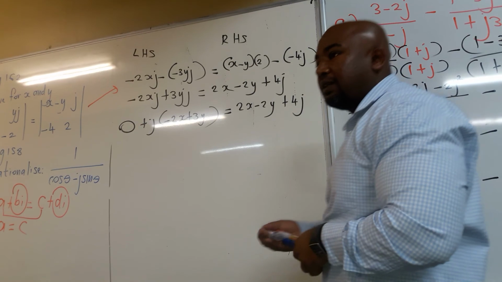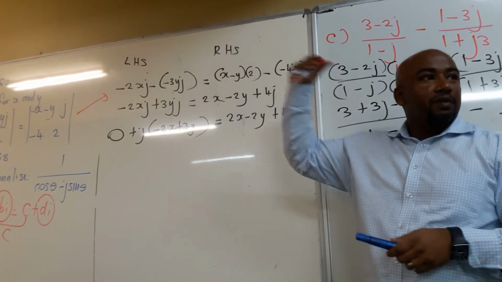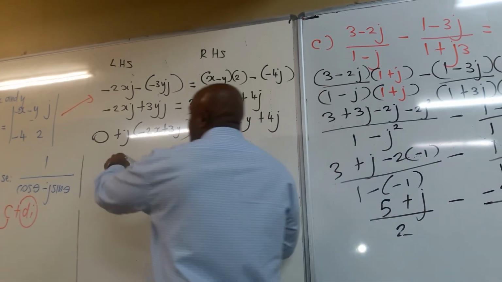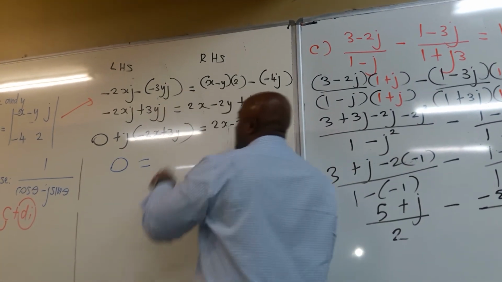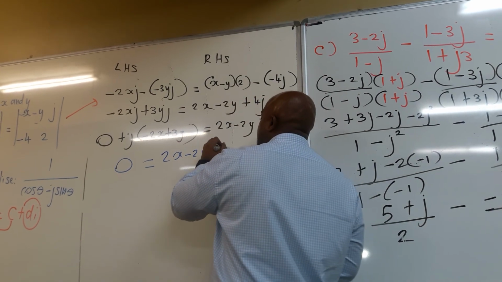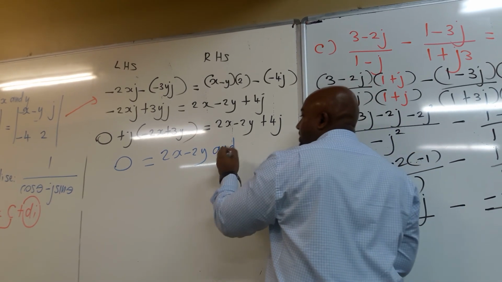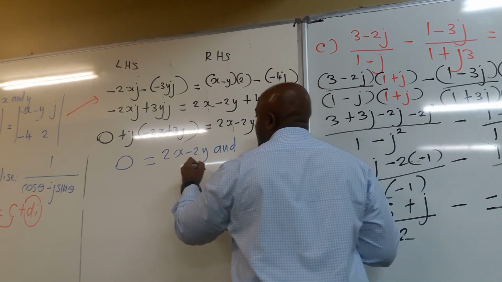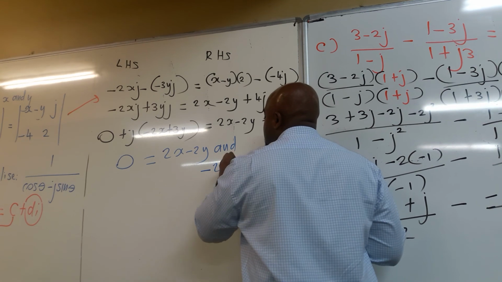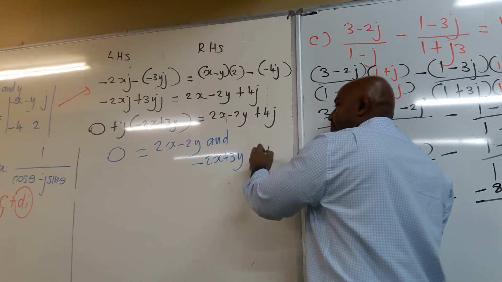Now, it always comes down to this: real on the left hand side must equal real on the right. So real on the left is 0. Real on the right is 2x minus 2y. And the coefficient of j on the left is minus 2x plus 3y, and on the right hand side is 4.